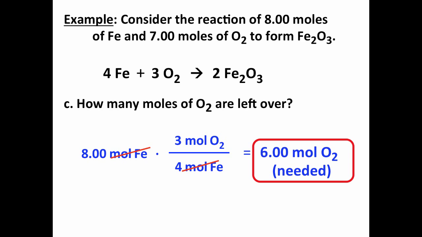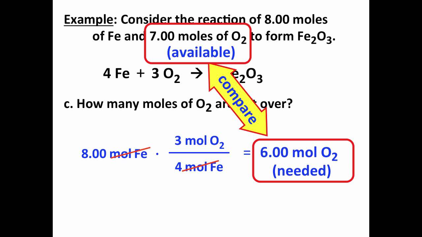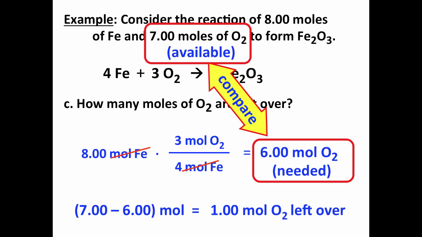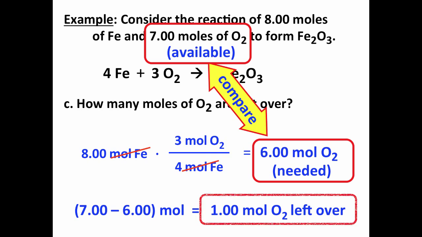And now if we look at the moles of O2 needed and compare that to the moles of O2 available, and note we have more moles of O2 available than we need, then the difference between those two is going to be our excess. So 7 minus 6 moles is 1 mole of O2. That's our leftover.